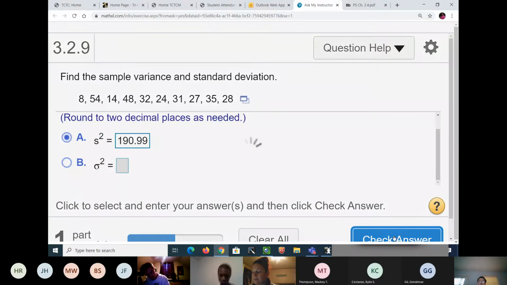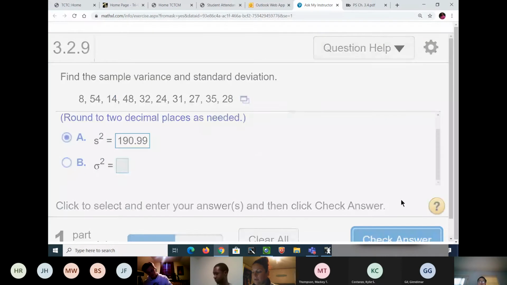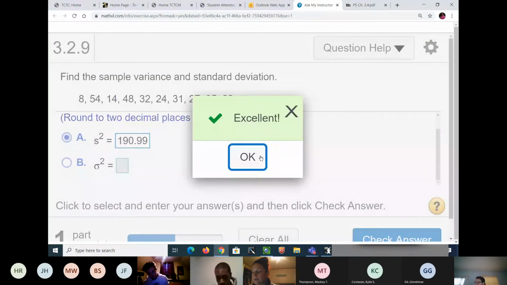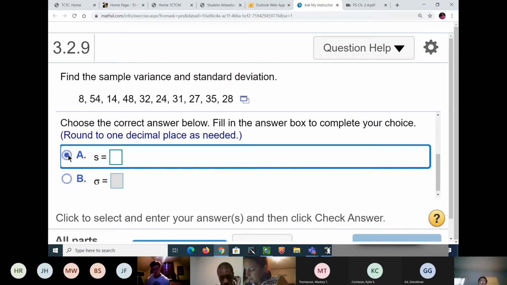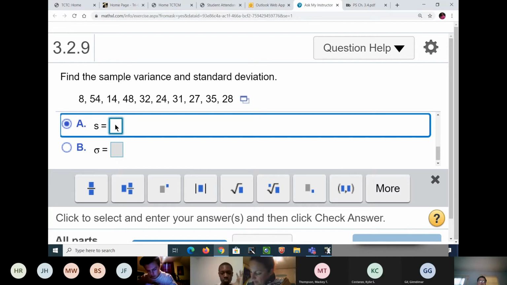I typed 13.81987297 and then squared it, and I got 164.35. That's fine, but you didn't hit the right thing. Hit the caret symbol and the 2. 13.81987, and then the caret symbol and then 2. Okay, there it is.